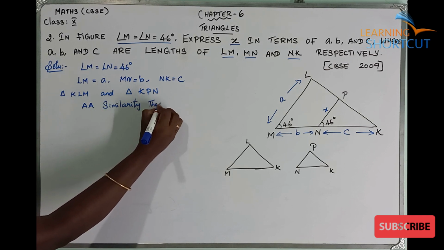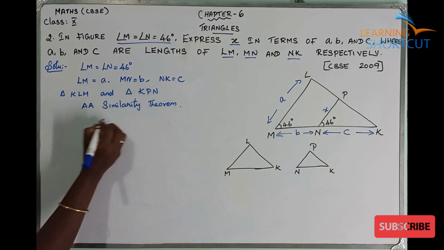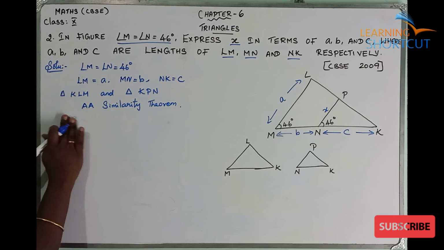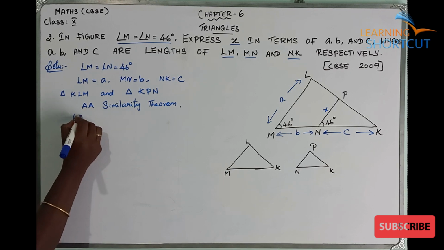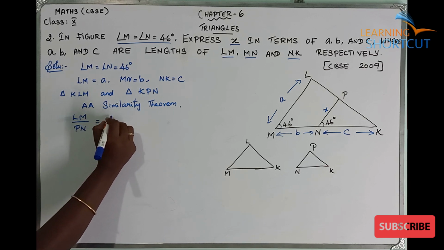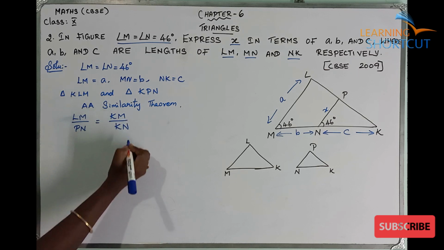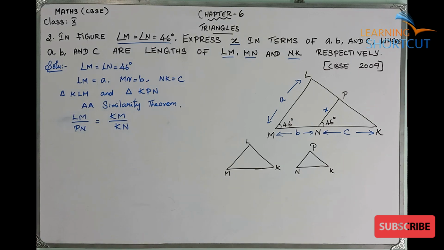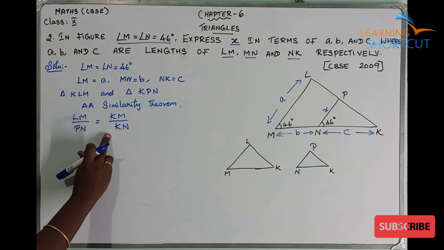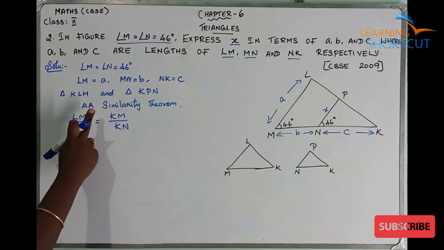According to this theorem, we can write LM divided by PN will be equal to KM divided by KN. Now we can substitute the values that we are having here.